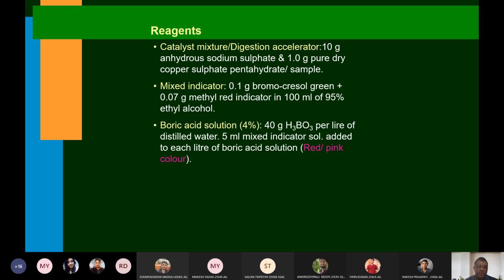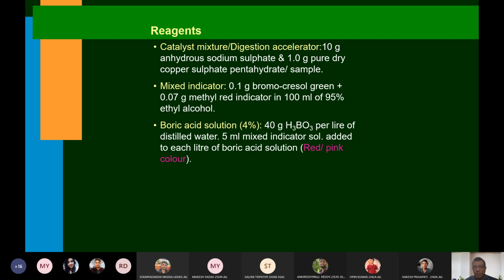So you take ethyl alcohol at 95% concentration, quantity 100 ml, and put in 0.1 gram bromocresol green and 0.07 gram methyl red indicator. It is usually asked of students, what is a mixed indicator? At least we can remember that it is made up of bromocresol green and methyl red. Methyl red is quite a common indicator in laboratories.